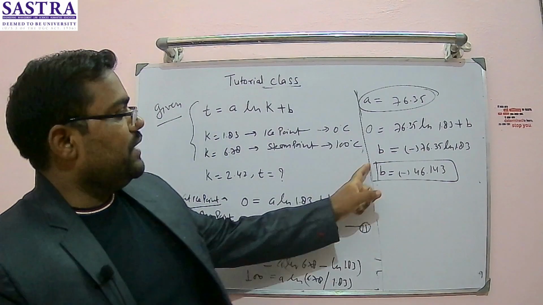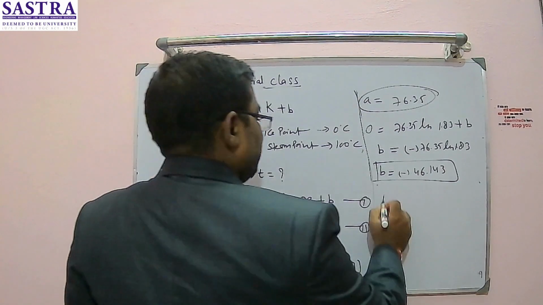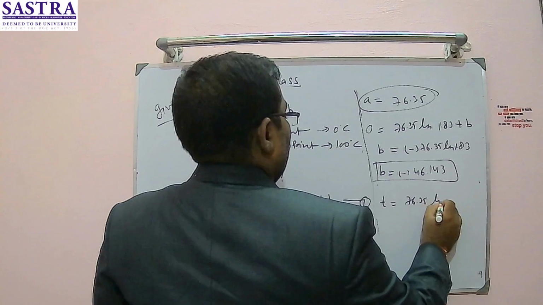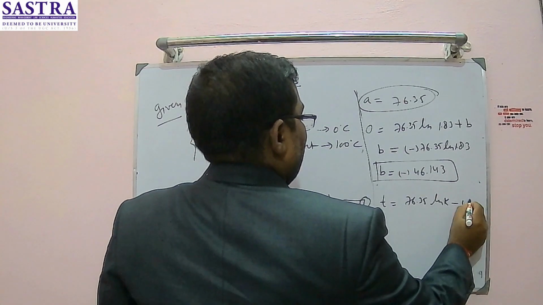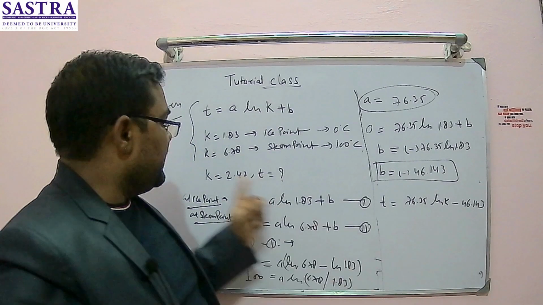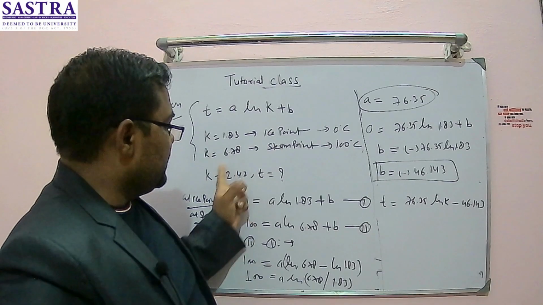So now I can use these A and B values to write one equation of T. T is equal to 76.35 ln of K minus 46.143. This is the final equation. Now he is asking, at K equal to 2.42, what is T? So you substitute this value.